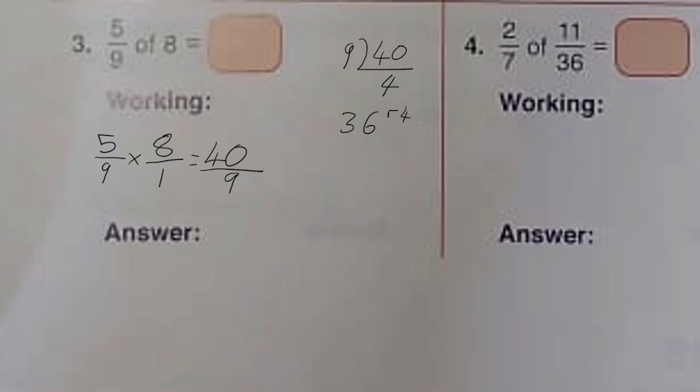Remainder 4. Okay, so 36 remainder 4. So the answer is 4 and 4 over 9. Okay, so again, nice and easy. Okay, so let's do number 4.